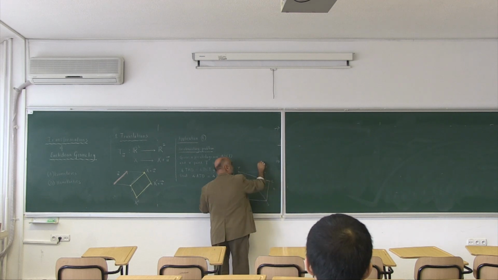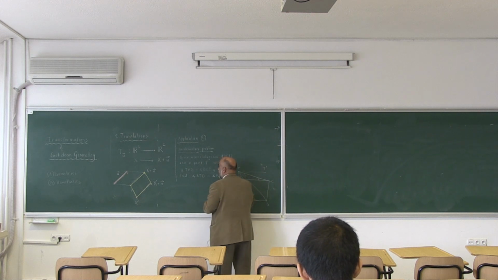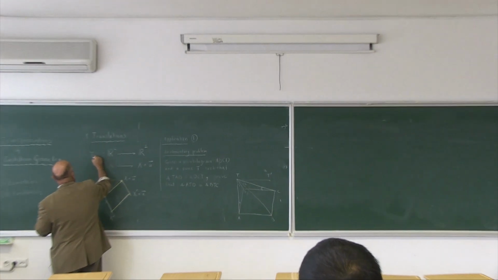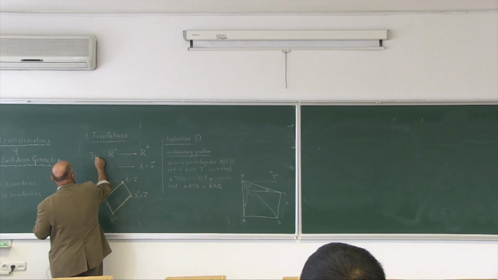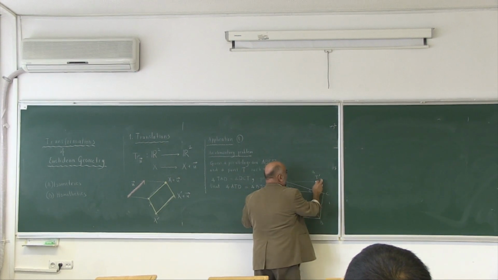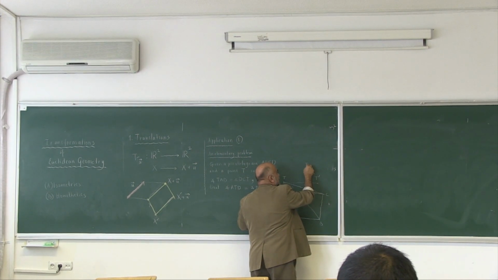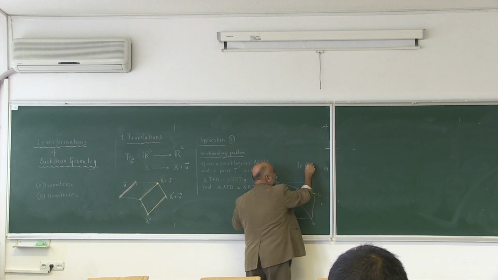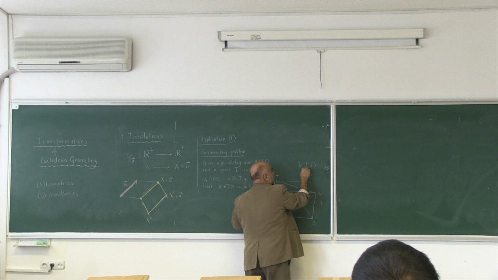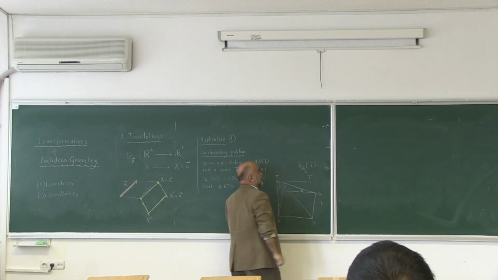Let me call the translation T sub AB. So this point T prime is obtained from T by moving everything by vector AB.